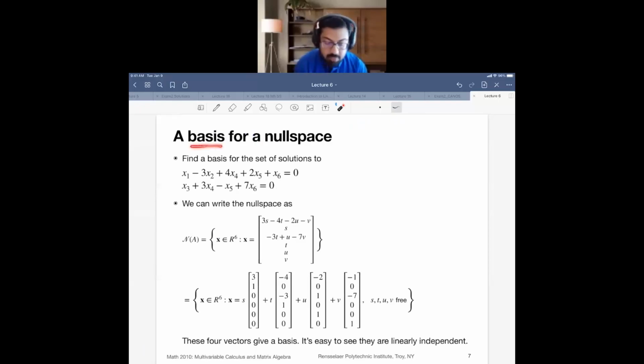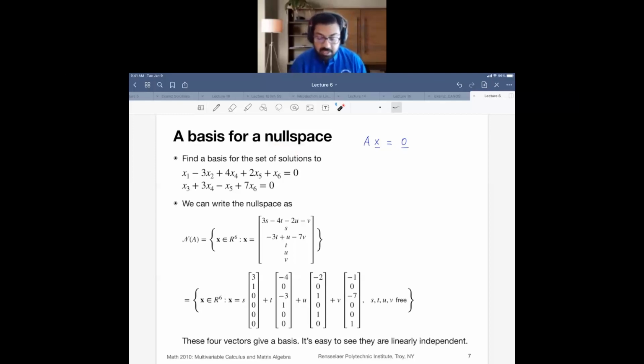All right, now let's talk about the basis for the null space. So we know that the null space is what? The null space is solutions to Ax equals 0, right? So if you have a homogeneous set of equations, any x that satisfies this is going to be defining your null space. And we also saw that null space is a subspace.